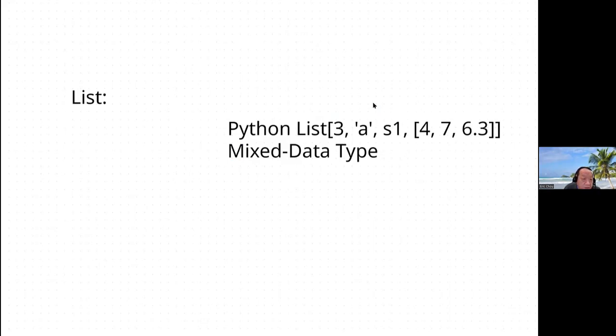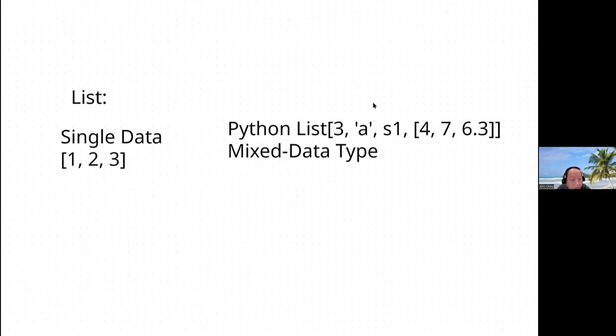But Java's list is single data type. You can only put the same data type into it. That's called Java list. It's a single data type. Okay, that's the main difference between Python list and Java list.